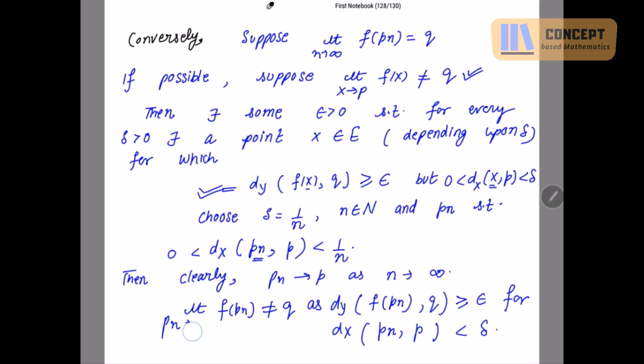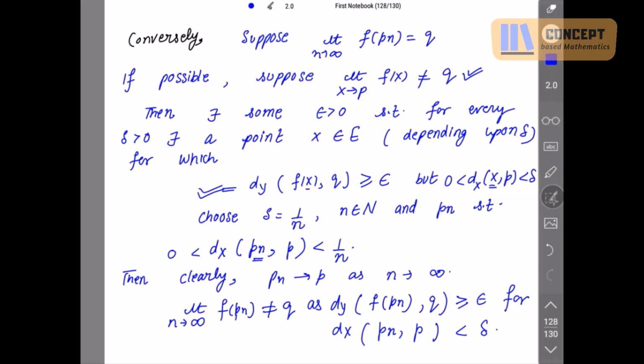Because I am having the terms Pn, I must write limit n tends to infinity. Now what is given to us? Limit n tends to infinity f of Pn equal to q. But here limit n tends to infinity f of Pn is not equal to q. Contradiction comes. So our supposition was wrong.